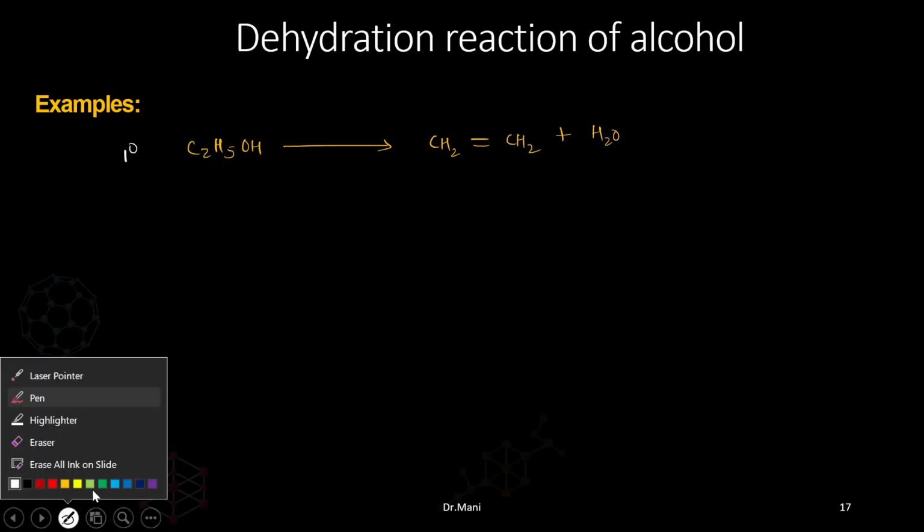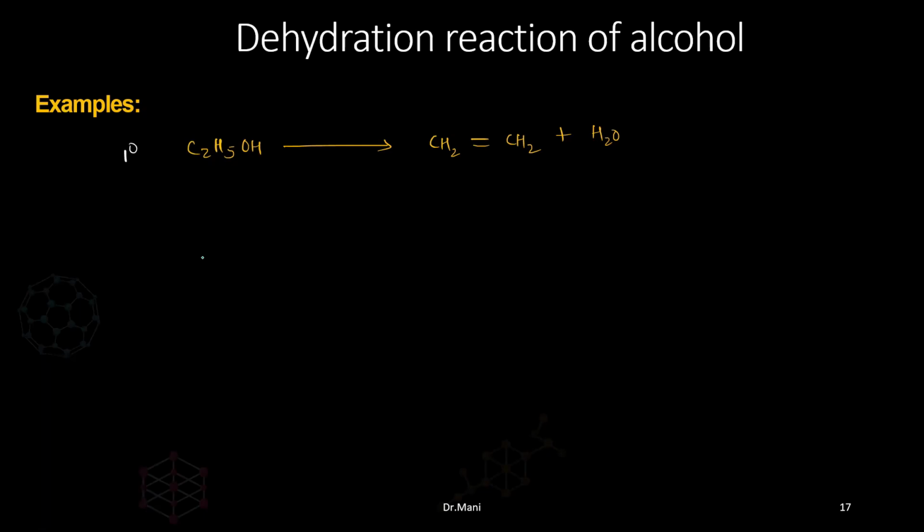Next one. There's the other one, CH3, CH, CH3, and there's an OH here. Or you can write it like this: there's an OH and there's a CH3. So this OH will leave and there is a double bond between the two, plus a water molecule.